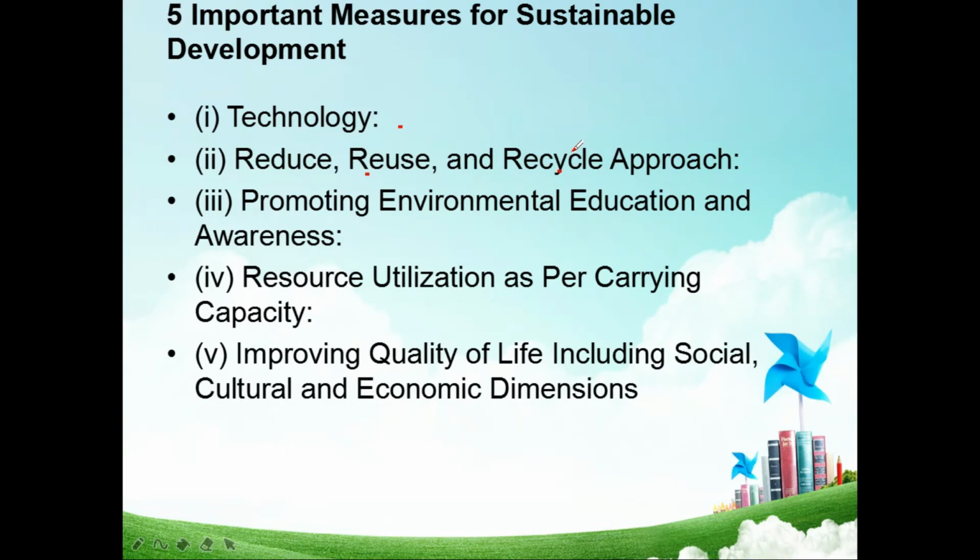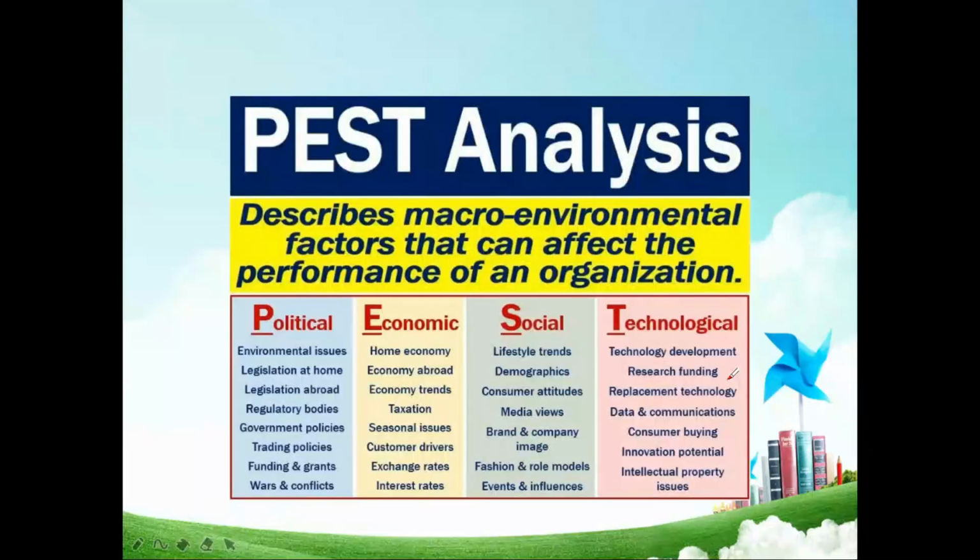Whoever gets the resource or utilization benefit should include the sharing of the rich as well as the poor people. That should give a life which includes social, cultural, and economic dimensions.